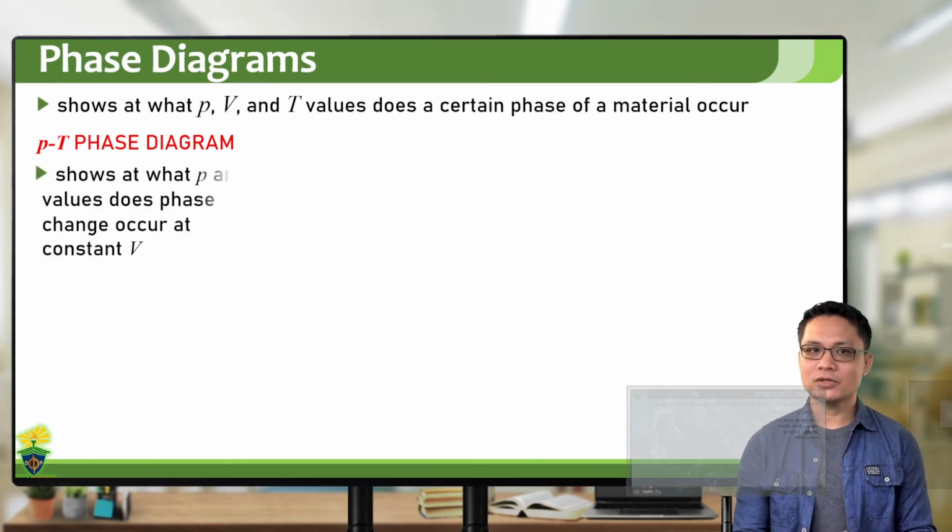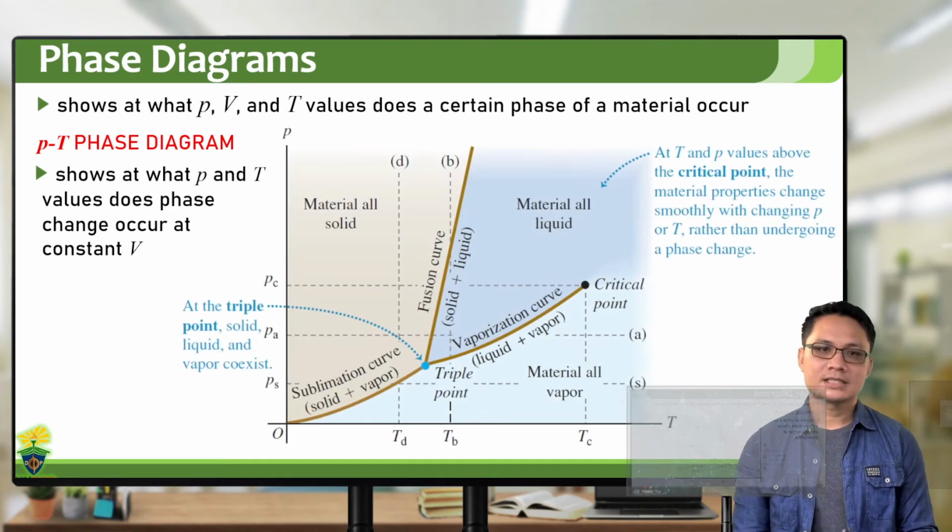The assumption under this diagram is that the volume of the material is fixed, or at a constant value. This is the most common pressure-temperature diagram, which would allow us to understand the relationship between the phases of matter through the identification of its curves.